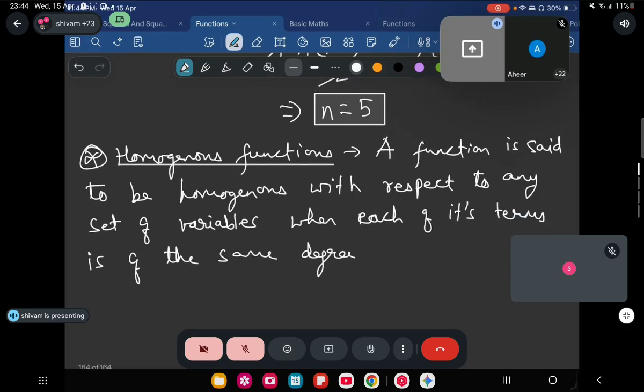Okay, degree is same with respect to those variables.